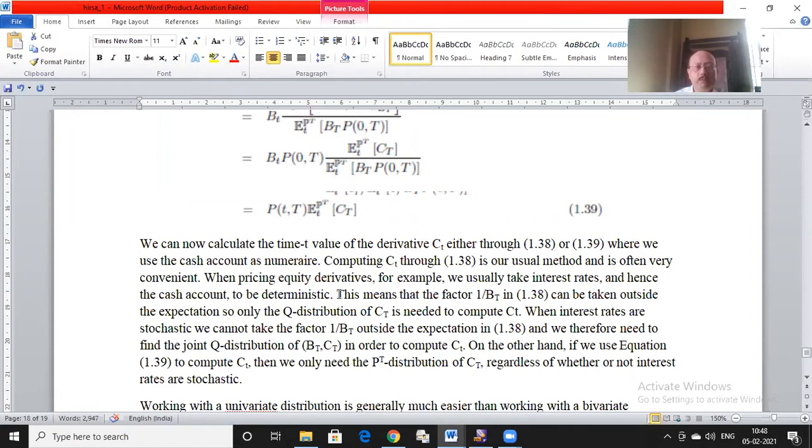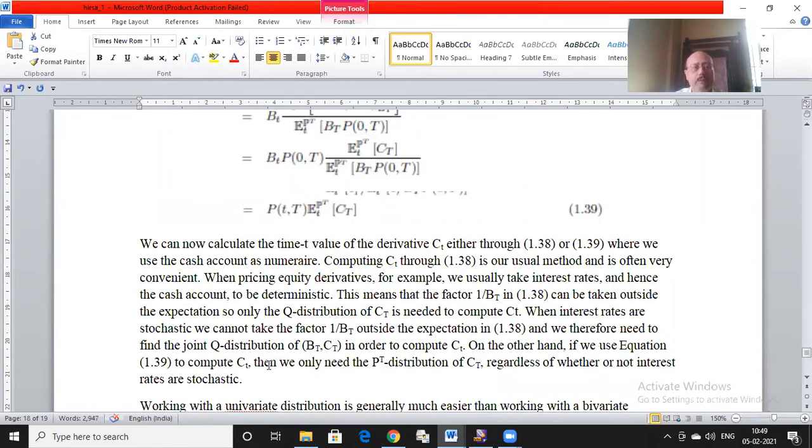That means I can do these simplifications of taking these factors outside, and the expectation will only be of C capital T. So the only expectation I need to calculate is that of C capital T. When interest rates are stochastic, I cannot take this 1 by BT outside, of course.